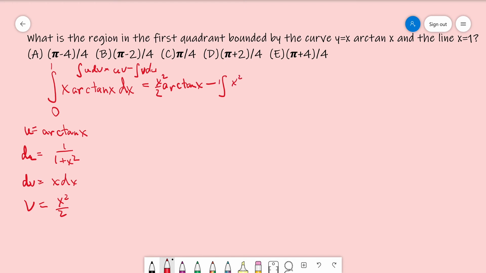I'm just going to write the 1/2 out in front. du is 1 over 1 plus x squared dx. And this is a dx here.